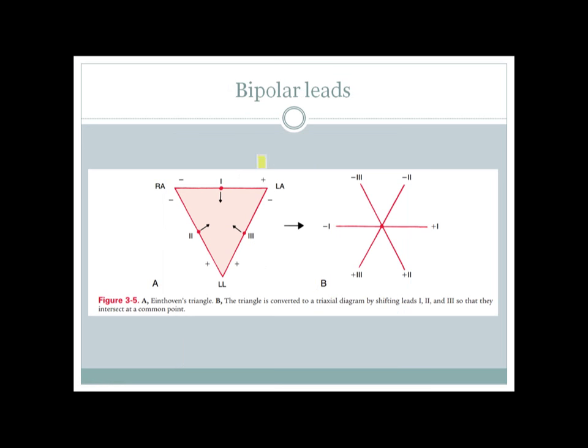Among the 6 leads, one group are bipolar leads. Bipolar leads are the first leads ever recorded for ECG. Those are the oldest leads, and they were discovered by Einthoven, who was the inventor of ECG, and he created a triangle using the leads.